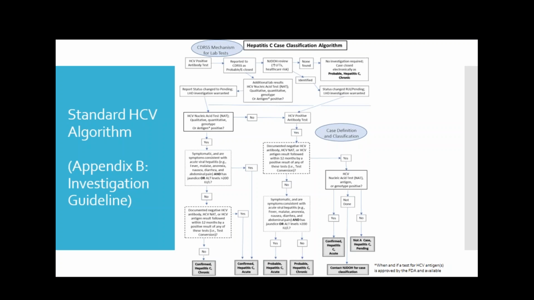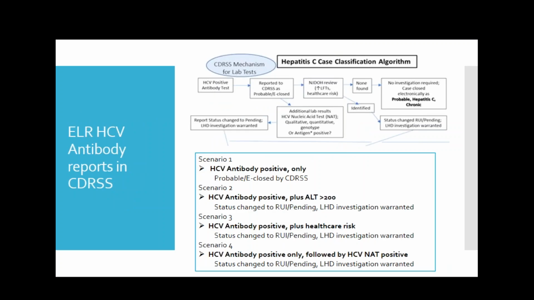This would be very important as we move forward in fully implementing the 2016 CSTE case definition, as we expect an increase in the number of cases due to the acceptance of all positive antibody tests, reactive or signal to cutoff.